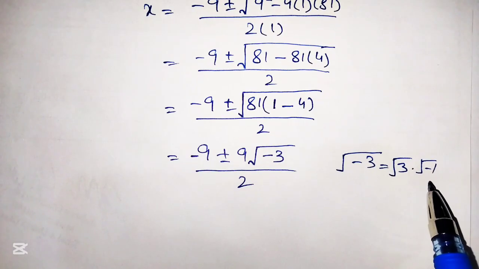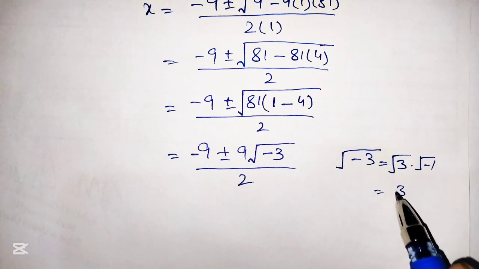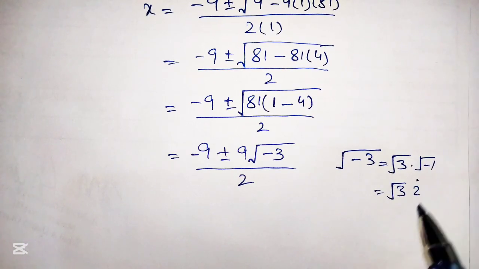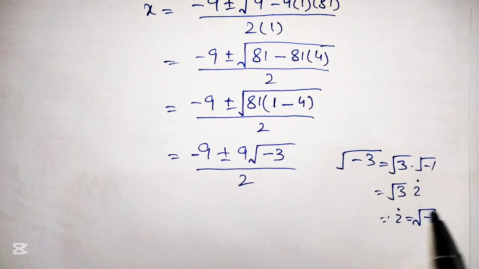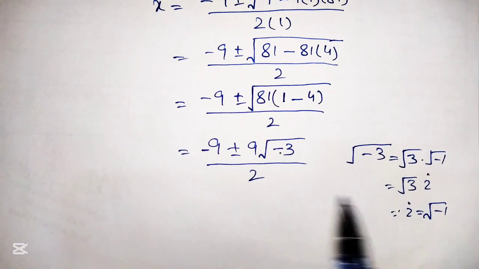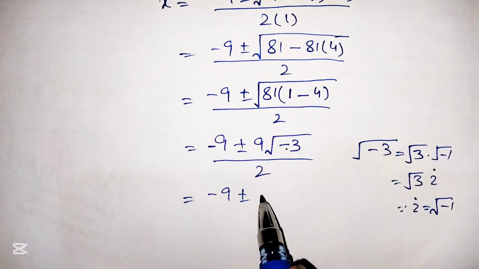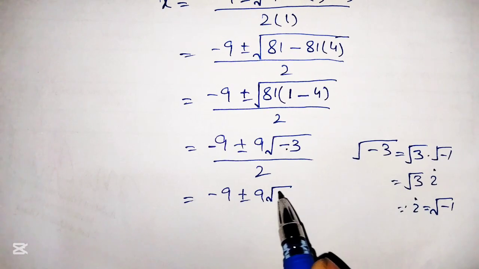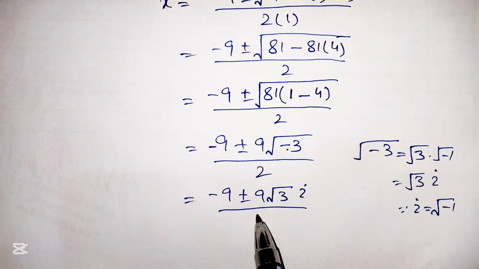Here the square root of minus 1 is a complex identity, and it is equal to iota. So we can write it as square root of 3 iota, that is iota is equal to square root of minus 1. So this square root of minus 3 is equal to square root of 3 iota, and we will get minus 9 plus minus 9 square root of 3 iota over 2.